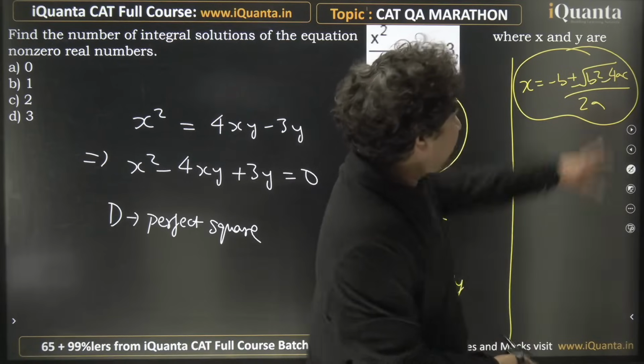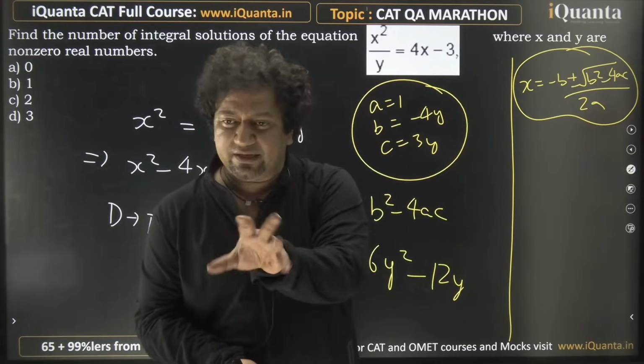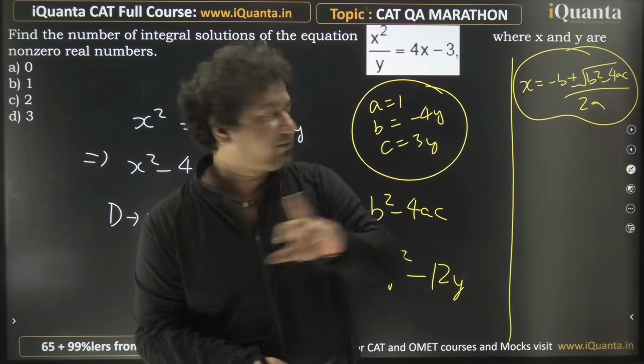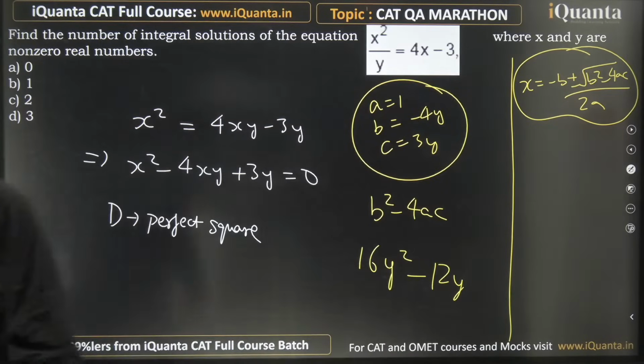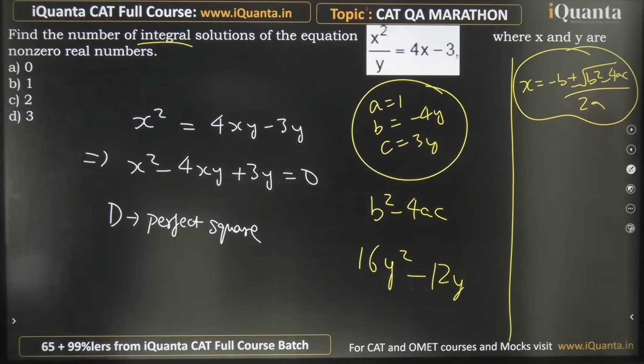So if b square minus 4ac is a perfect square, I'll get a square root. But if it is not a perfect square, I'll get irrational, isn't it? Rational, Keshav, of course rational, but integer is a rational number, no, Keshav? अगर इंटीजर है तो रैशनल तो होगा ही. दुनिया का कौन सा इंटीजर इरैशनल होता है?